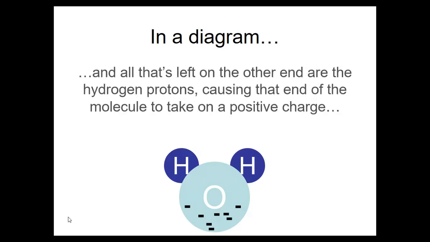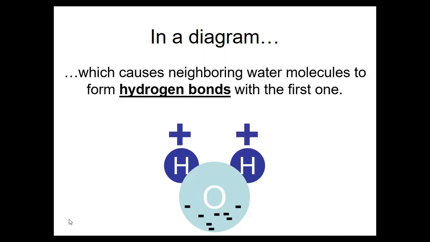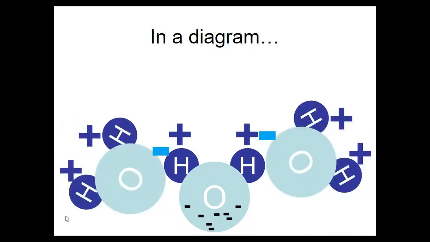So when we have water molecules near each other, the partially positive hydrogens are attracted to the partially negative oxygen on neighboring molecules. And this results in hydrogen bonds. So here we have these attracted to the oxygens, and likewise over here.